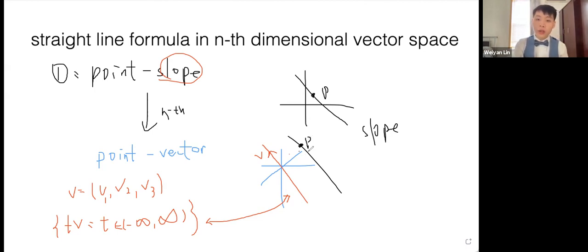Because it has to pass P, the solution is this: let's say the red point here is some t times your vector v. We want to translate this point to the actual line.